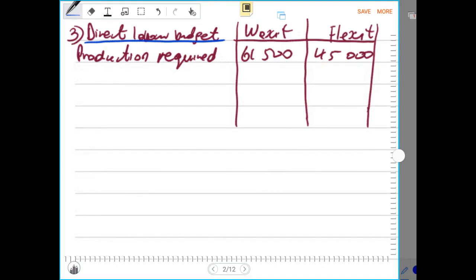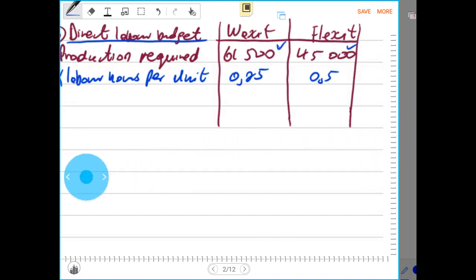So now in this case, we have to multiply by labor hours per unit. Because these are the number of units that need to be manufactured. But we need to know the total hours that are needed to manufacture these units. Hence, we multiply by 0.25 and we multiply by 0.5, which are the labor hours per unit.